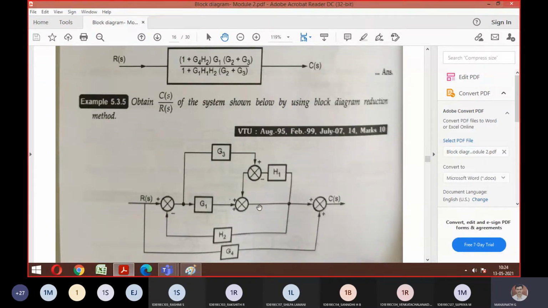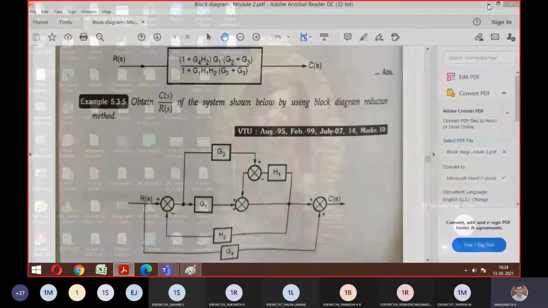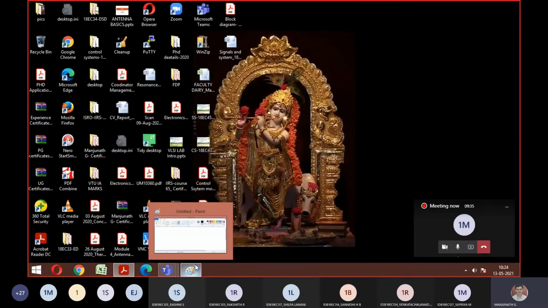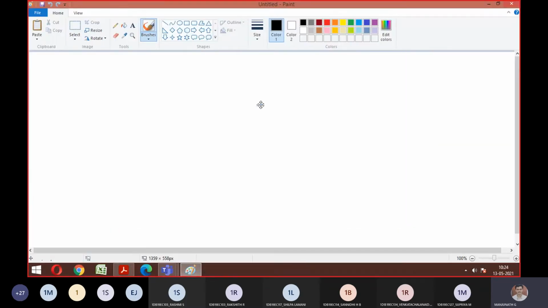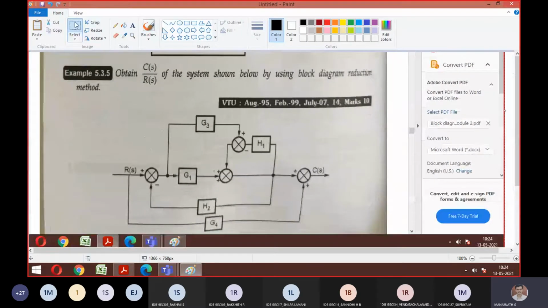So I think one term is missing in this diagram question. There is G2 here. So let me copy this question. There is a printing mistake in the textbook.